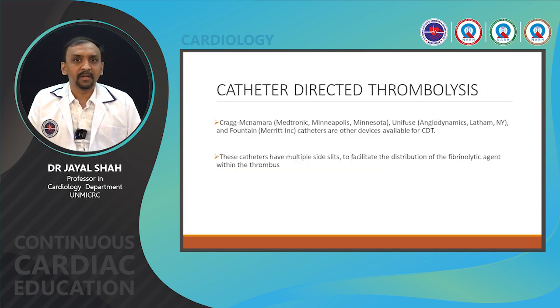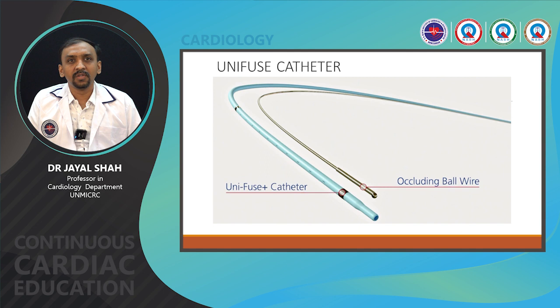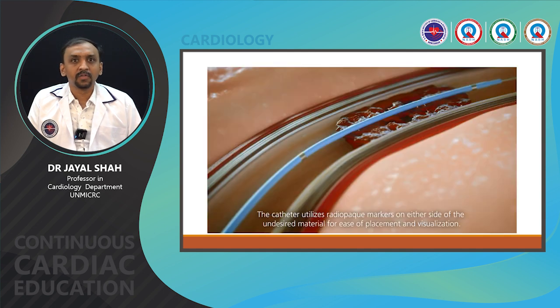So Craig-McNamara and Unifuse catheters are also available for the CDT. These catheters have multiple side holes or slits to facilitate the uniform distribution of fibrinolytic agent within the thrombus. So this is just a Unifuse catheter with an occluding ball wire. This catheter utilizes radiopaque markers on either side of the infusion zone for ease of placement and visualization radiographically.